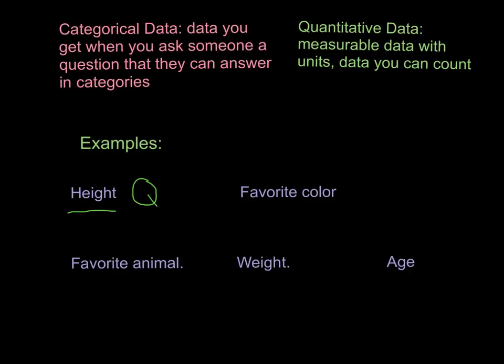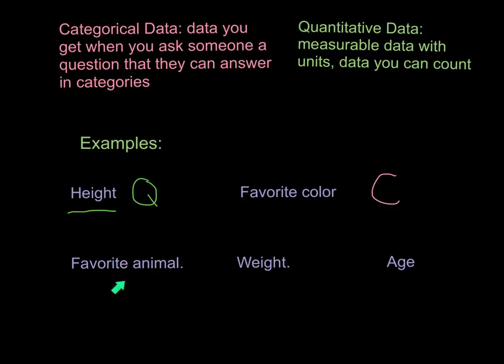On your handout, I want you to write height and examples under quantitative data. Then looking at favorite color, we can't really measure favorite color, we can't count it, so we're going to have that as categorical data, because you answer that in categories: red, blue, green, you get it.